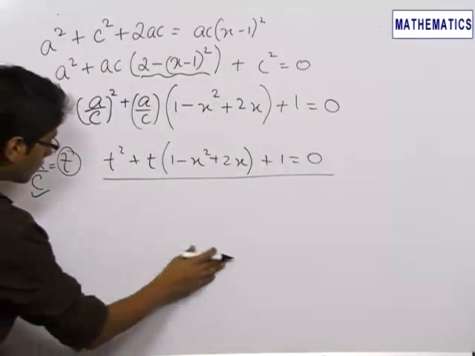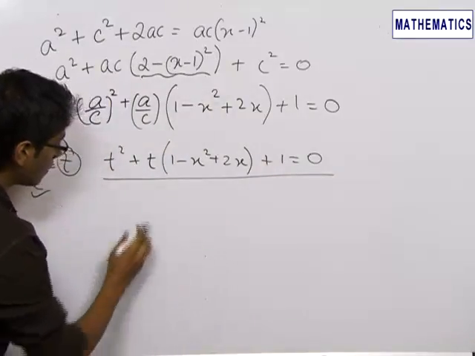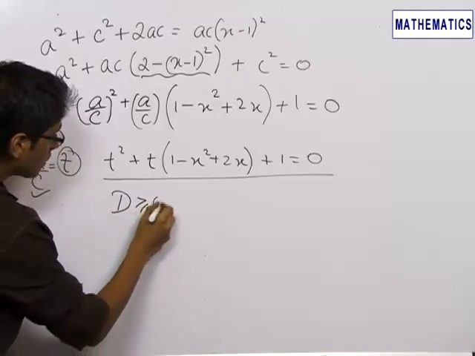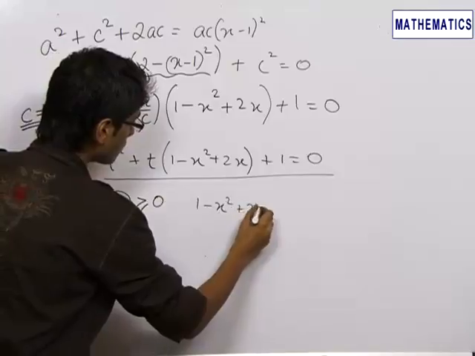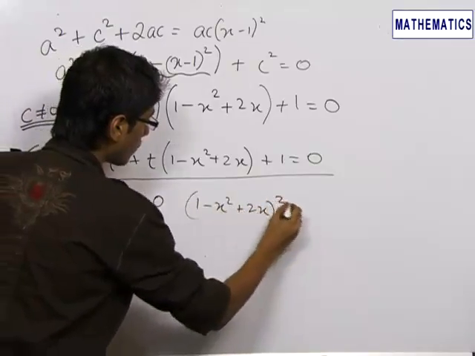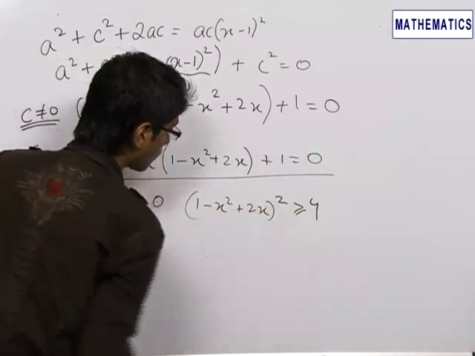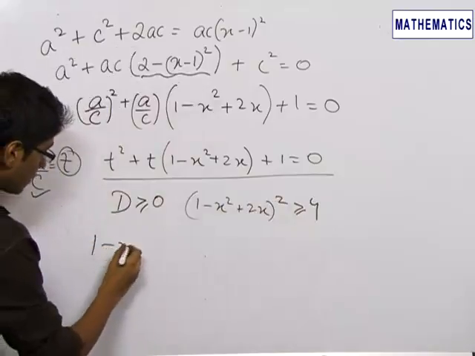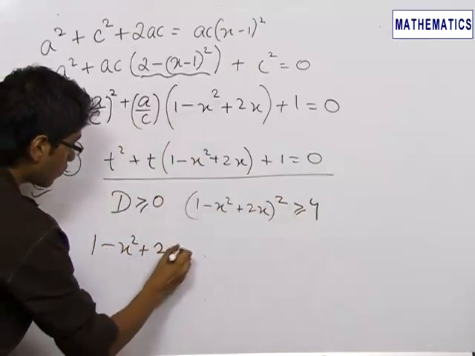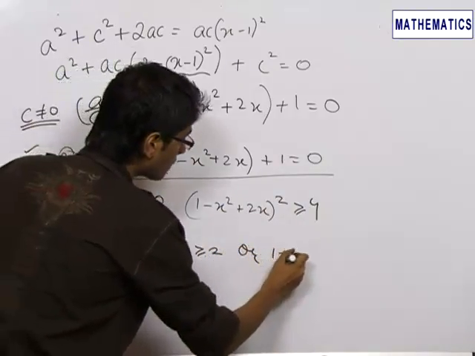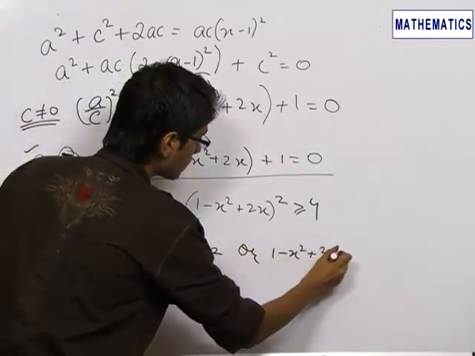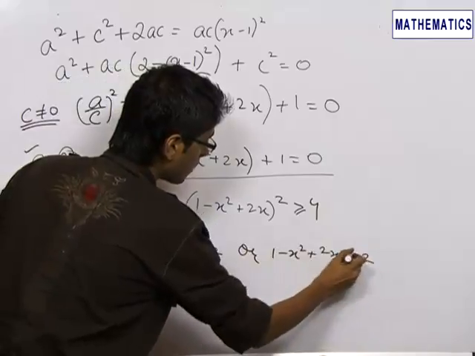In order for t to be real, we need the discriminant to be greater than or equal to 0, which makes (1 - x² + 2x)² greater than or equal to 4. That is, 1 - x² + 2x should be greater than or equal to 2, or 1 - x² + 2x should be less than or equal to -2.